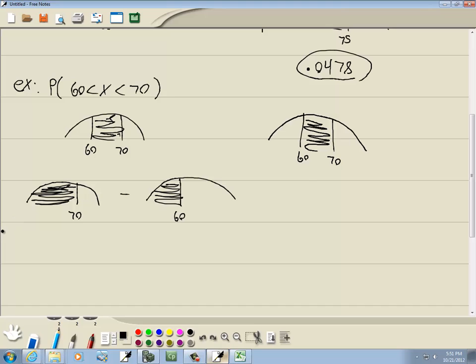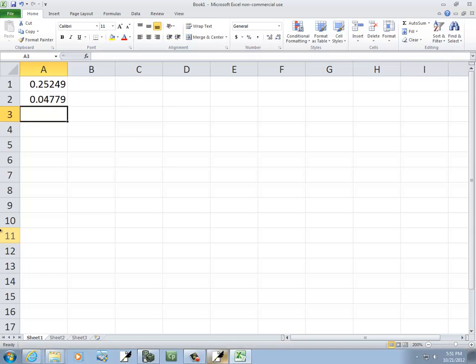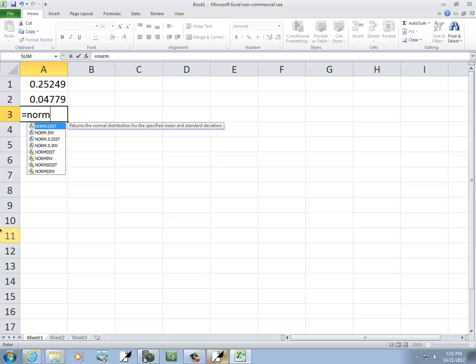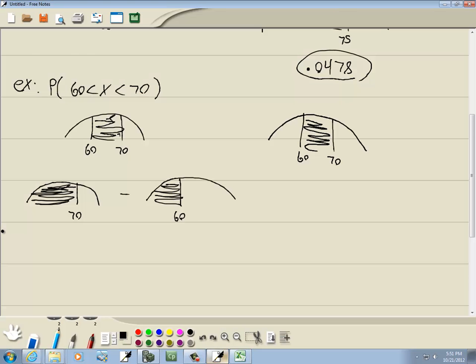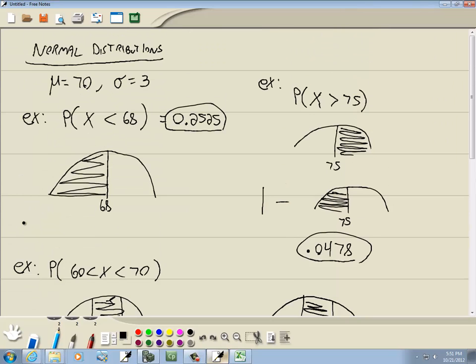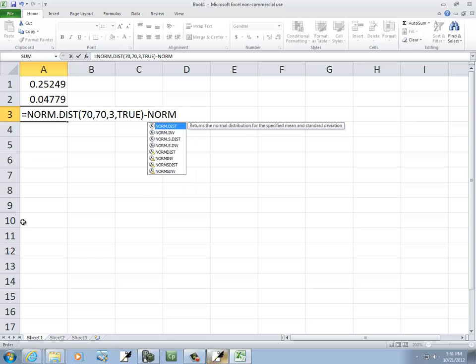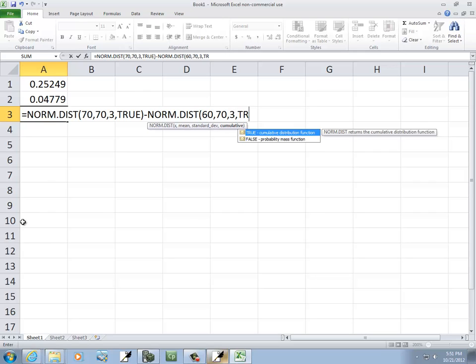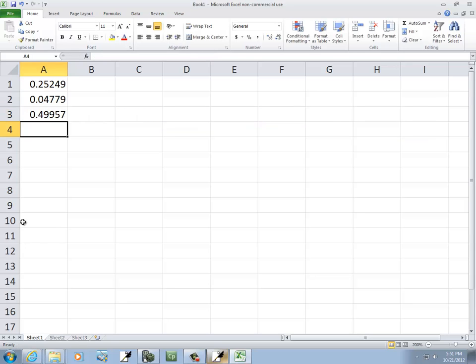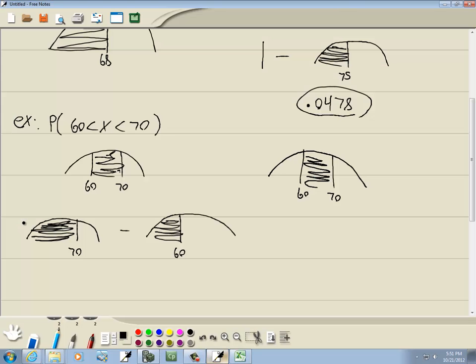So let's go enter these in. So this first one will be equals norm dist, and we got 70, our mean, which is 70, comma 3, comma true, close parentheses, minus norm dist, and this next one is 60, comma 70, comma 3, comma true, close parentheses, enter, and that'll give us our answer.